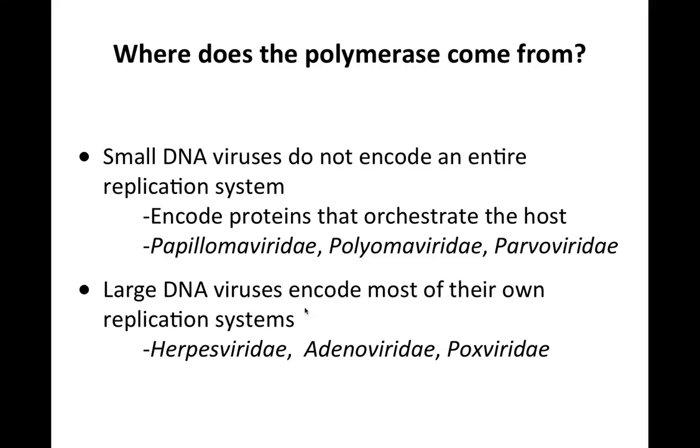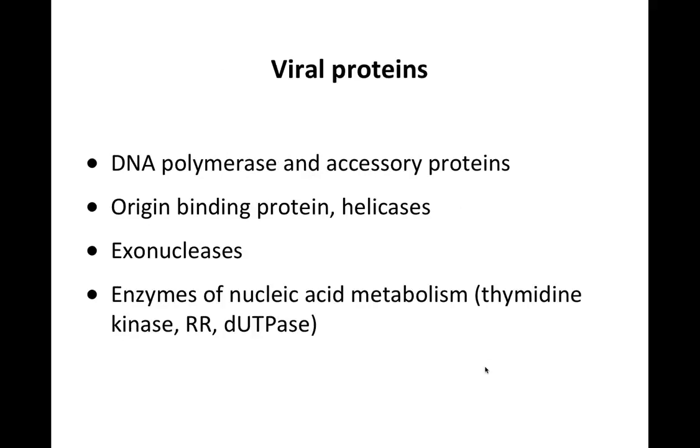Many large viruses encode most of their own replication systems, including the DNA polymerase, and that includes the herpes viruses, adenoviruses, and the pox viruses. And some examples of viral proteins that are encoded in viral genomes that participate in DNA replication: the DNA polymerase, of course, accessory proteins that are needed, origin binding proteins, we'll talk about what they are in a moment, helicases to unwind double-stranded DNA.